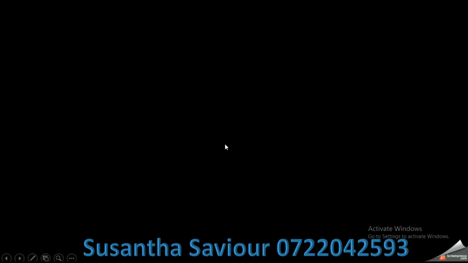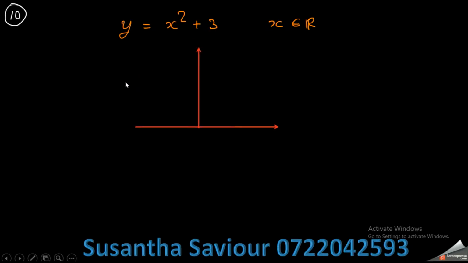We'll take another example. y equals x squared plus 3. You know what the x squared plus 3 curve is, right? So you can pause this video now, try it all by yourself, and the domain is all real values, right? If you try to sketch this curve, you can get this, right?